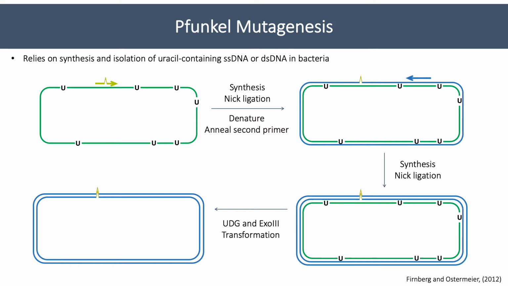The strands are then denatured, and a second universal primer is added, which is used to prime synthesis of the second complementary strand. After this, the uridylated template can then be degraded using a combination of uracil DNA glycosylase and exonuclease.